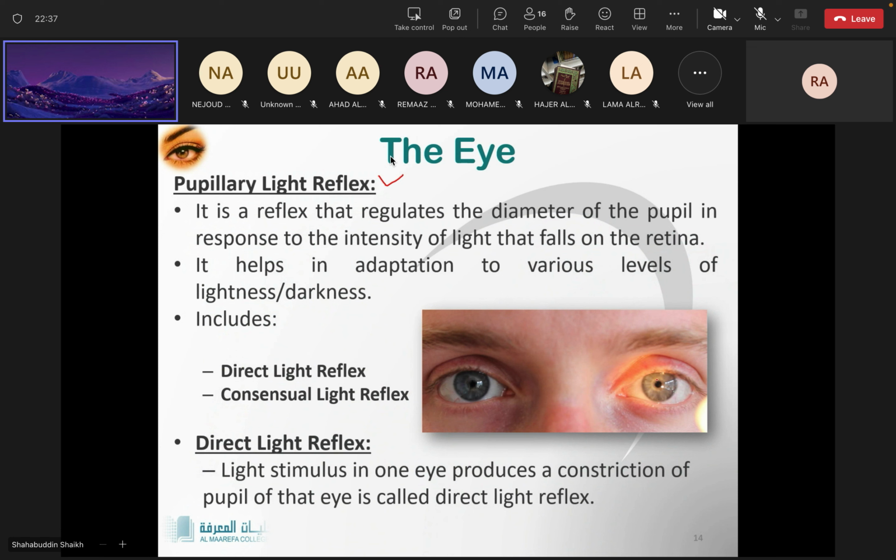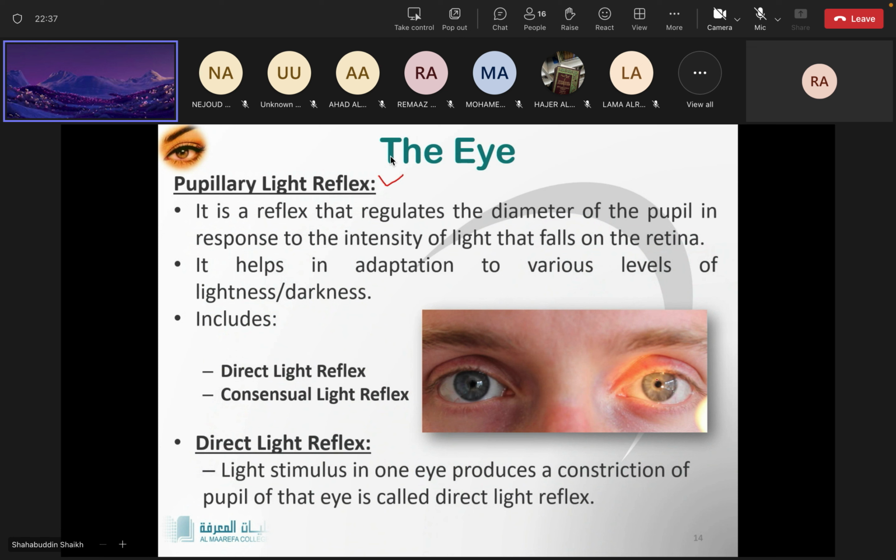That will cause the light to fall not on the fovea centralis but somewhere else. That will make us see it blurred, not very clear. So what happens is our lens changes its power, it becomes thick, and this divergent light is now focused, because the power has increased, on the focal point and we are able to see.